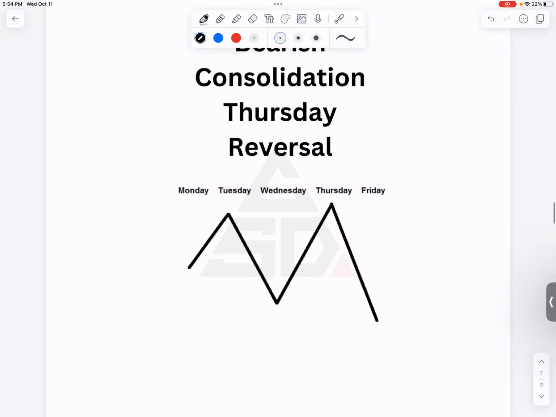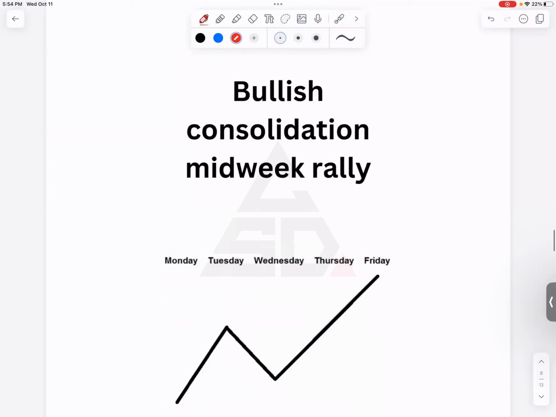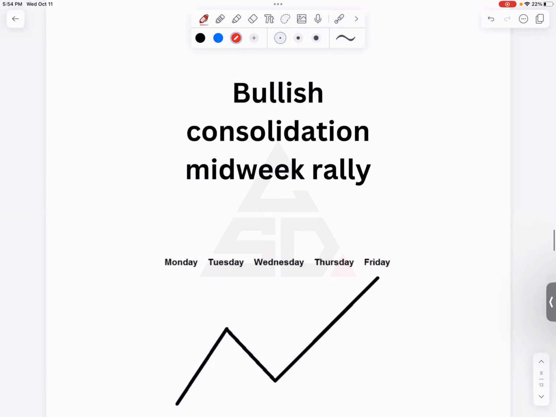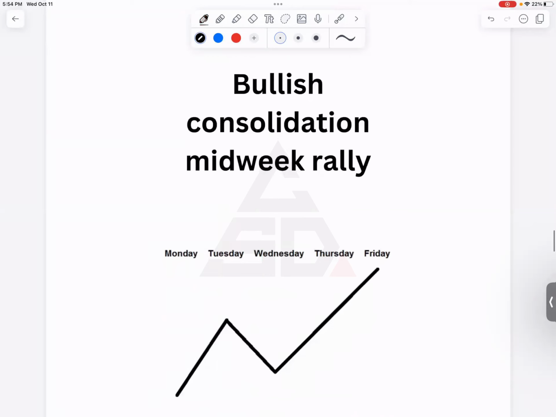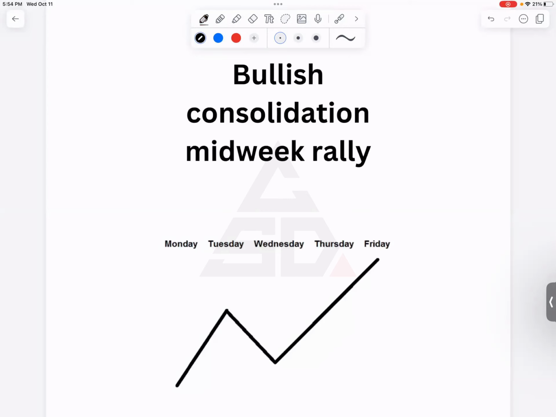Bearish consolidation Thursday. Like we say, this is a sell day. We already spoke on these days. Bullish midweek rally. So the bullish midweek rally, you think about it, same as the last. You can find opportunities in a play like this. This can be liquidity up.